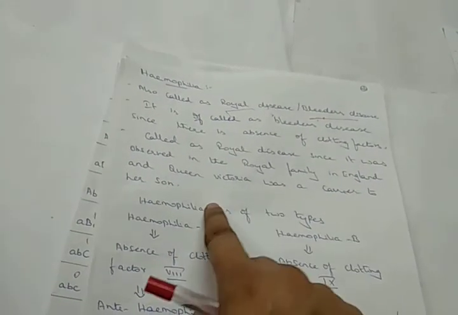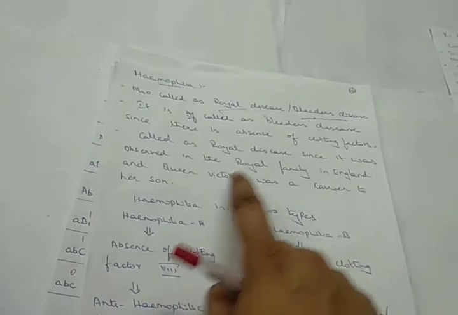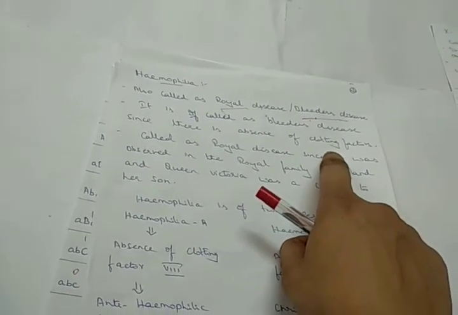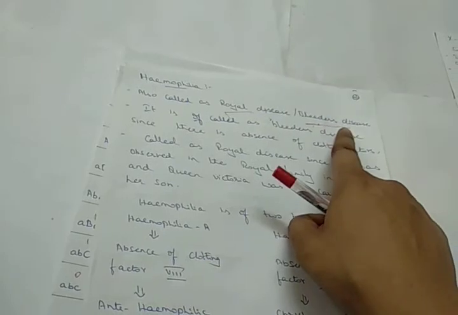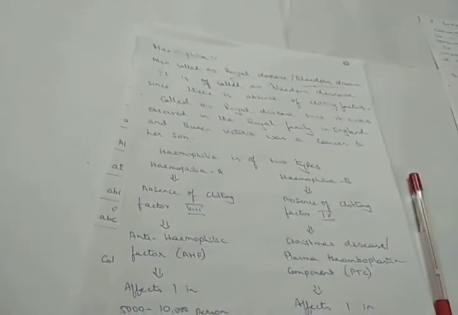In hemophilic individuals there is an absence of clotting factors, so it is called bleeder's disease. Even a small injury is going to lead to loss of a large quantity of blood.